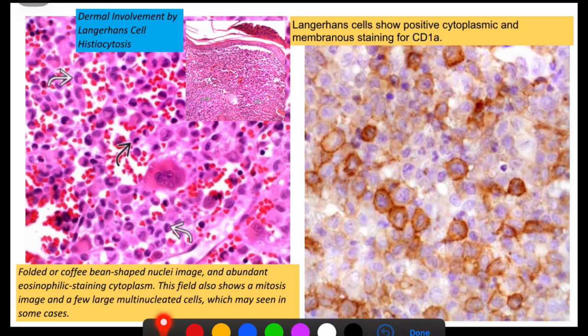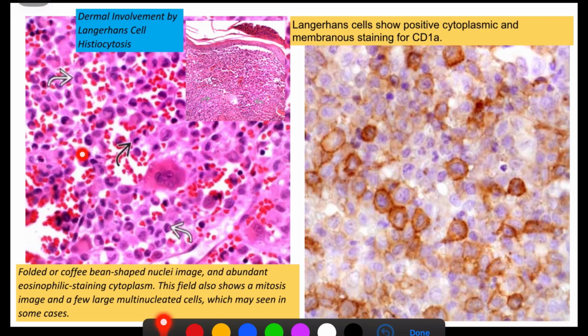Whenever you find in a skin lesion this type of cells where you find this coffee bean appearance and mitosis in some of the cells, and this is an osteoclast like giant cell which is multinucleated.